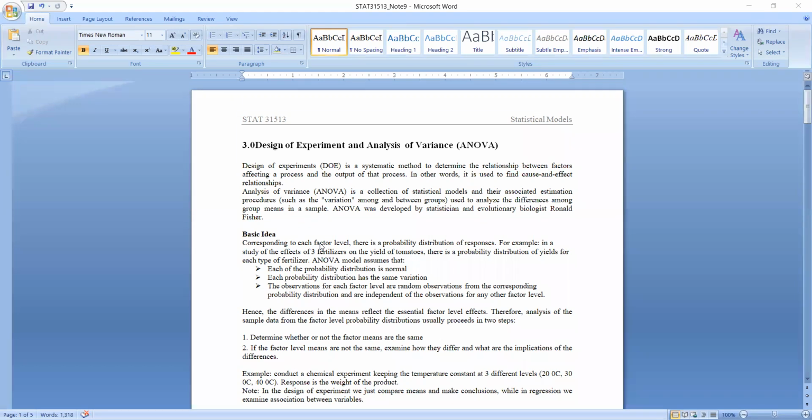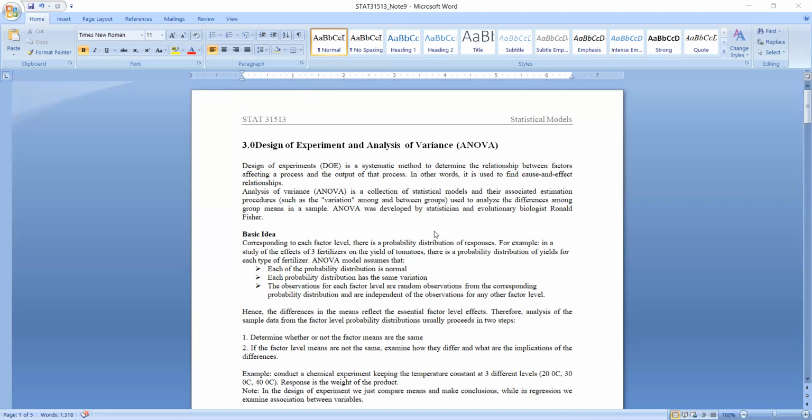When we were talking about simple linear regression and multiple linear regression, we actually came up with the ANOVA table. So by now, you know what the ANOVA table is. If you can remember, in the ANOVA table for simple or multiple linear regression, we calculated three values: the total sum of squares, regression sum of squares, and error sum of squares.